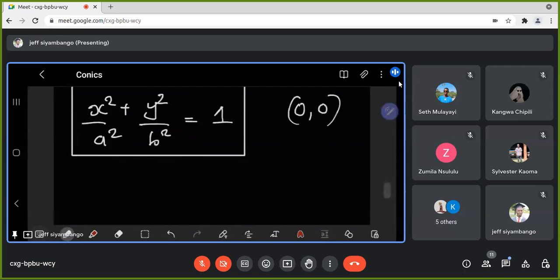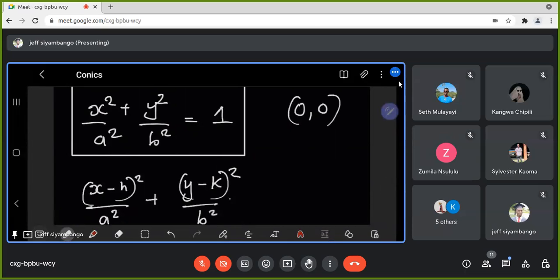Now, if it is not centered at the origin, it will be x minus h over a squared plus y minus k over b squared equals 1. This is for an ellipse centered at h, k.